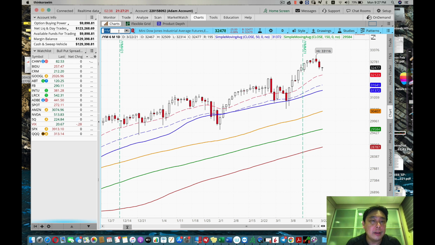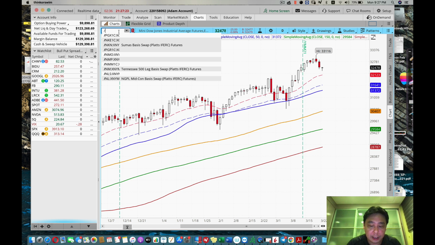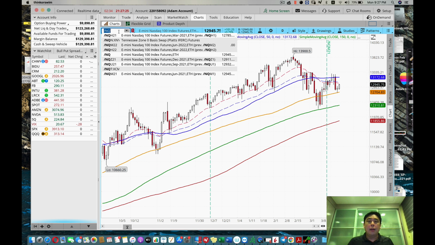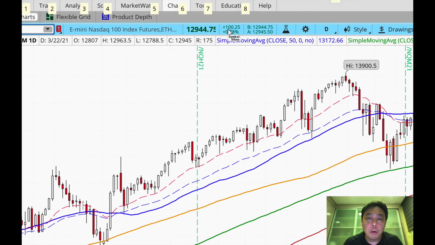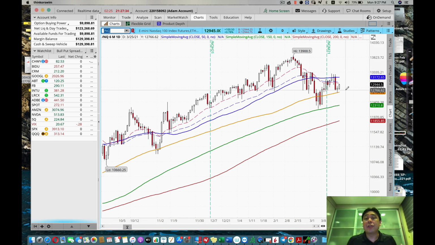Let's finally look at the NASDAQ futures, /NQ. Boom. NASDAQ futures look pretty strong, right? So the NASDAQ futures are up 100 points. That's almost 1%. Now, one of the reasons why is because in the last 2 weeks, the NASDAQ has sold off a lot more than the Dow and S&P.